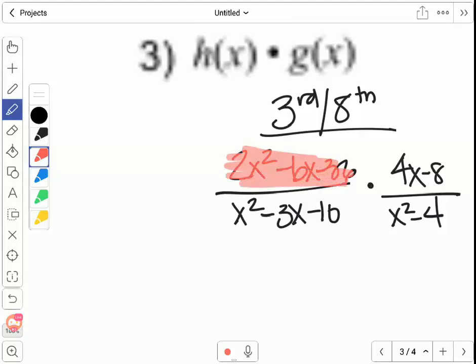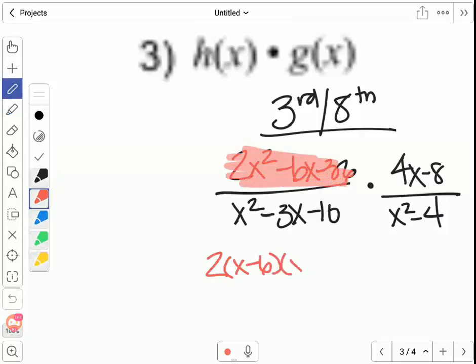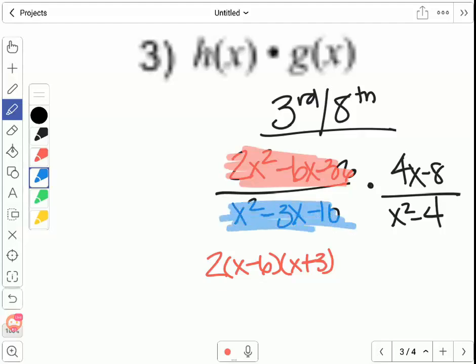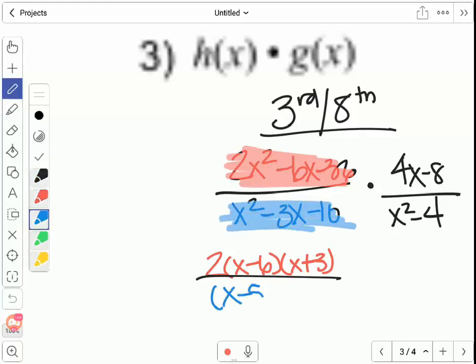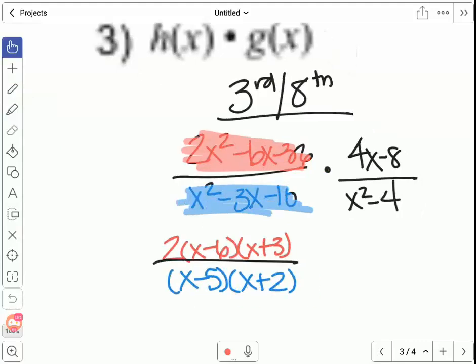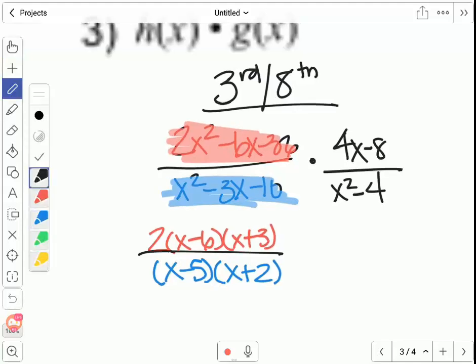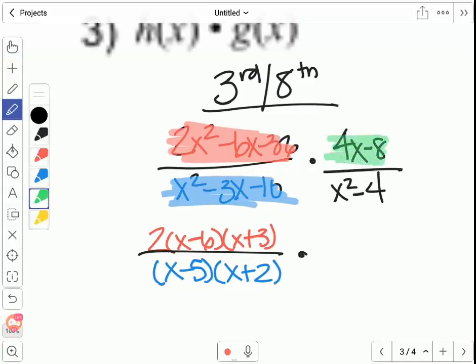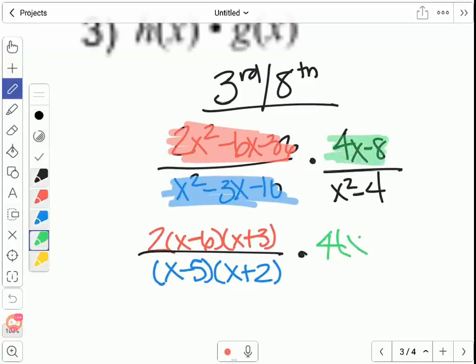So 2x squared minus 6x minus 36 is 2 times x minus 6 times x plus 3. Then x squared minus 3x minus 10 becomes x minus 5 times x plus 2. And then times 4x minus 8, which factors into 4 times x minus 2.